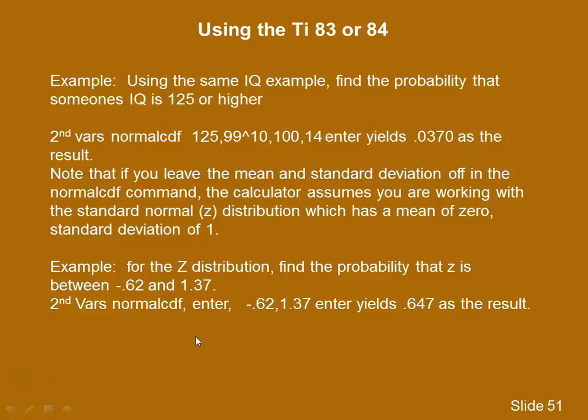We did problems like this in the previous part of this module. Once again, you could hit second, VARS, normal CDF, enter, put in minus 0.62, comma, 1.37, and don't enter anything for the mean or standard deviation, and the calculator knows that you want to treat this as the standard normal distribution, and it will give you 0.647 as a result.